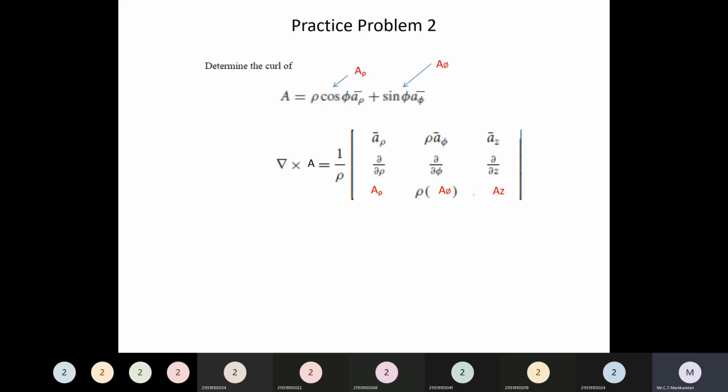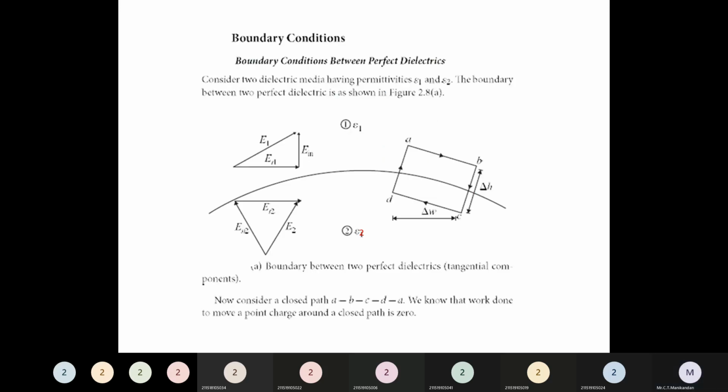Then we can see the curl problem; last time we saw the solution. Now the boundary conditions. We have seen the dielectric, conductor, and free space, the last 3 divisions. Assume a boundary, and I am placing 2 dielectric materials one over the other.